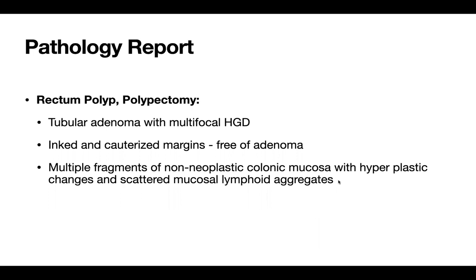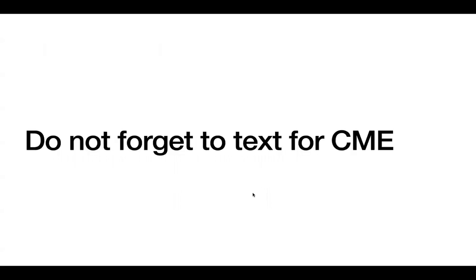I think it's probably worth exploring how they can do that, and for other people as well, because then we can take that feedback to our pathologist. Unless you capture those margins and send them in separate bottles, when they get everything in one bottle, there is no way they can look at it, because they have to ink it grossly, not microscopically, and grossly they can't tell what is adenoma and what is not adenoma.